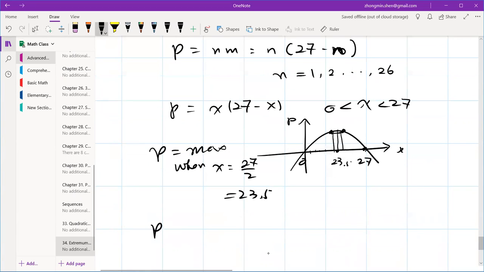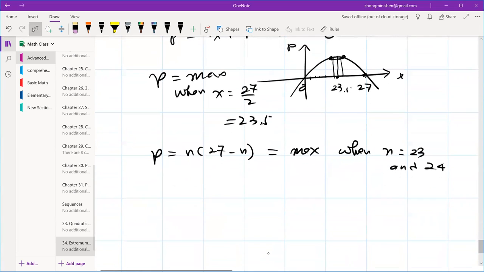So P equals N times (27 minus N). This is going to be the maximum when N equals 13 and 14. That gives you the same value, okay? Which is going to be 13 times 14. When N equals 14, you get 14 times 13. When N equals 13, you get 13 times 14.